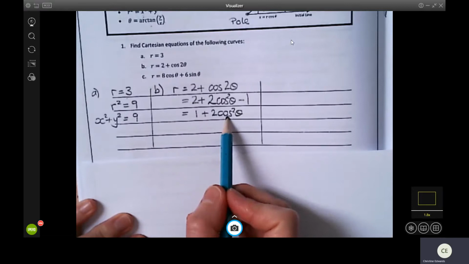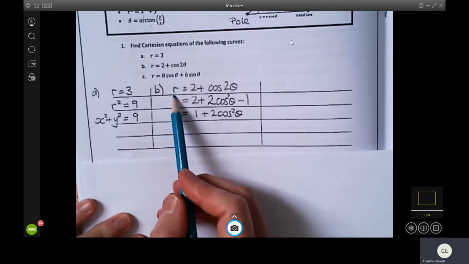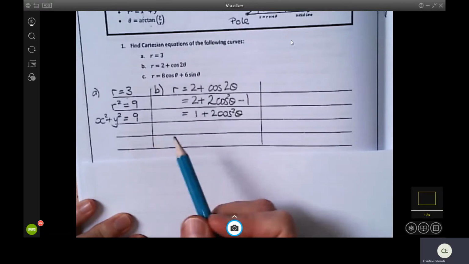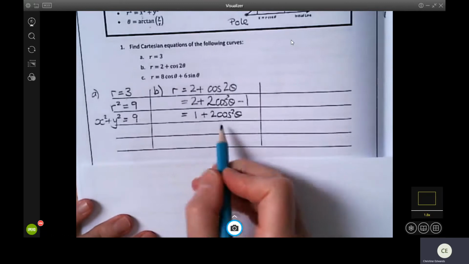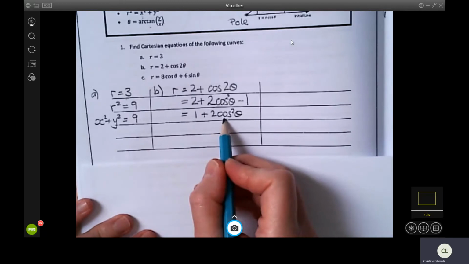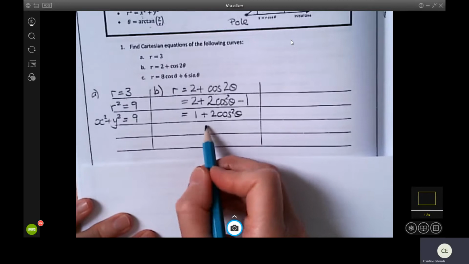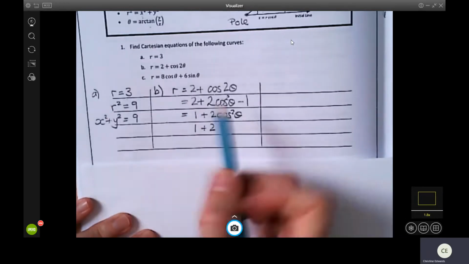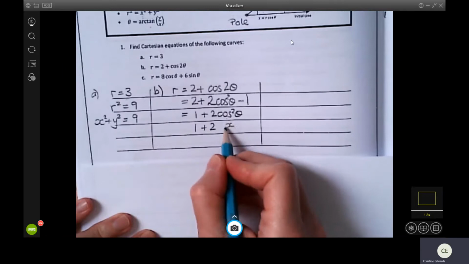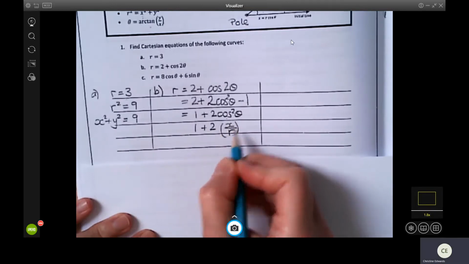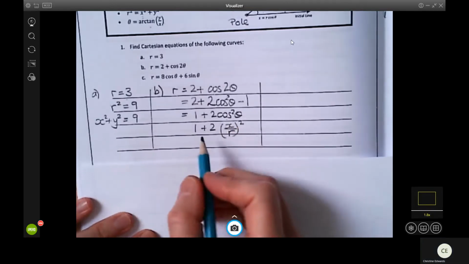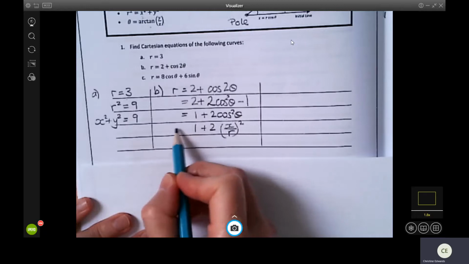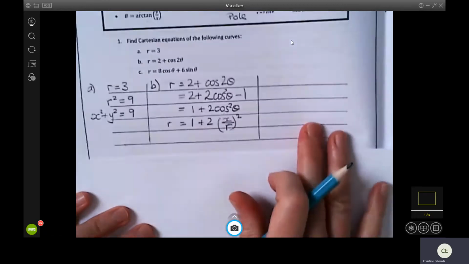So I've now got a cos theta and an r, both of which I need to replace. Two ways I can do it. We'll do it by replacing cos squared theta with x divided by r, and that's squared. And that's r equals.